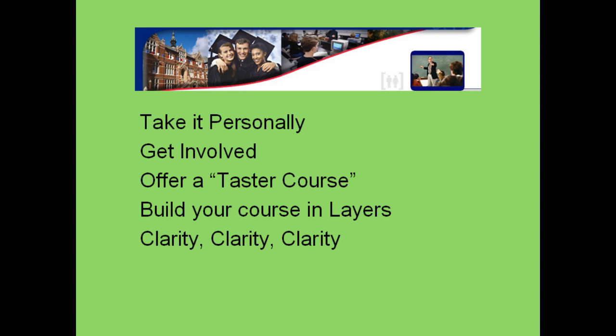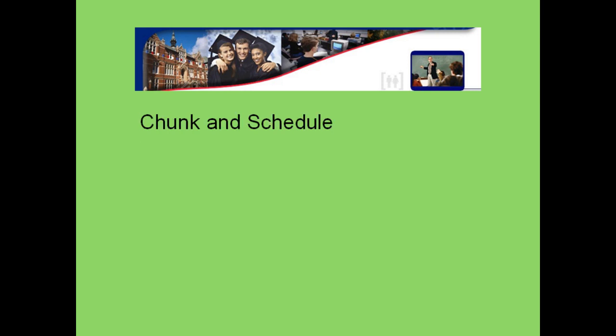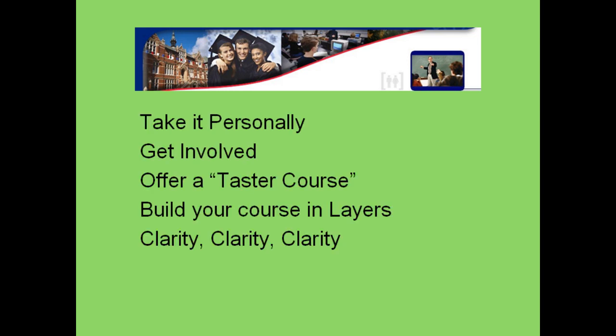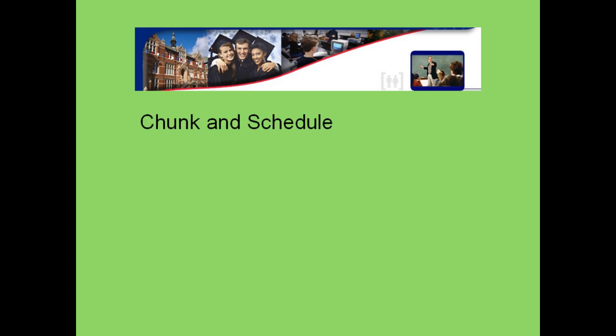Clarity, clarity, clarity. Now, clarity is very important in any teaching situation, but particularly in online learning where you can't observe your students to see whether they understand your material or instructions. Make sure you outline the goals for your course, the reason the course exists, and what they should be doing while taking your course.